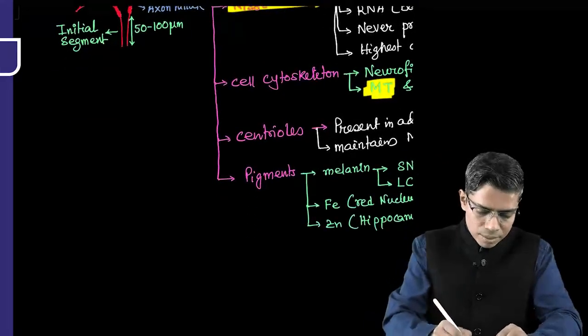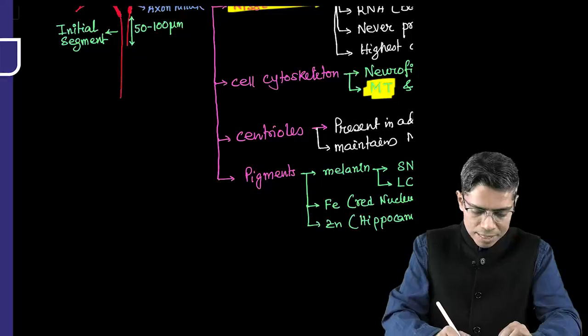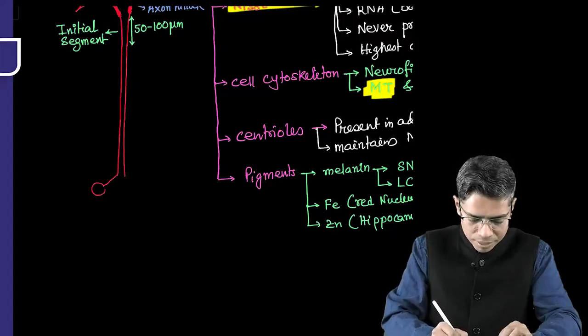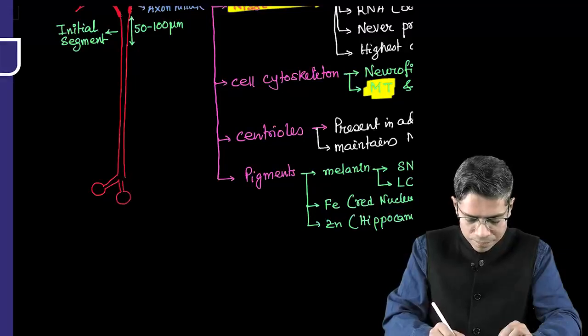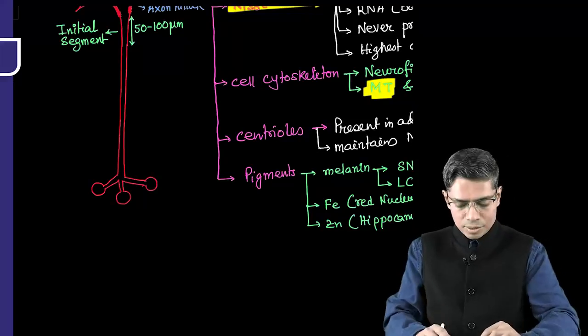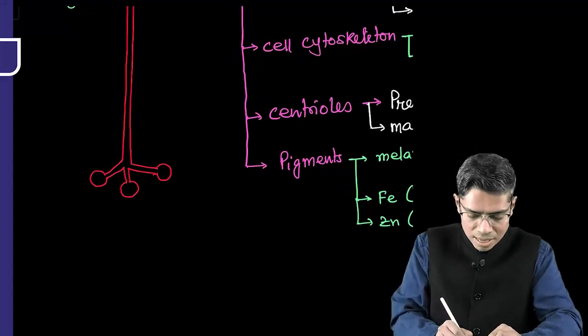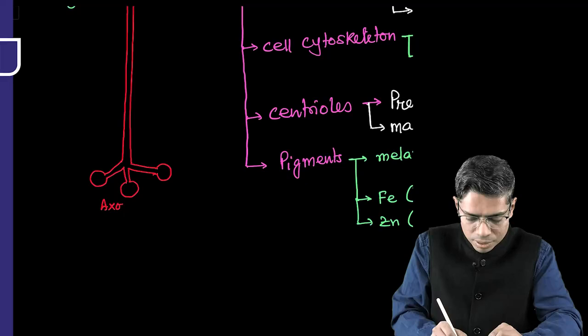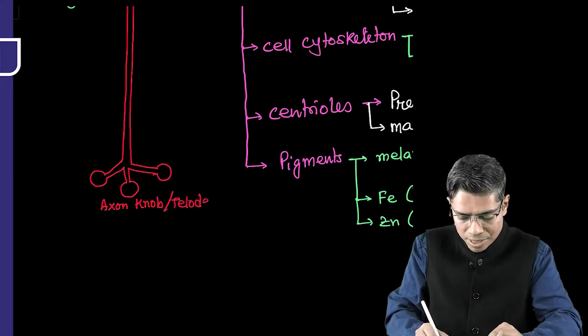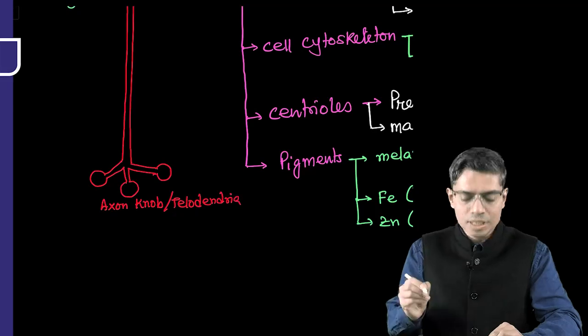After that, the long axon will extend up to the level of the terminal part of the neuron. At the terminal part, we all know that the axon will be divided into multiple small vesicular regions, which are nothing but axon knobs, or telodendria.